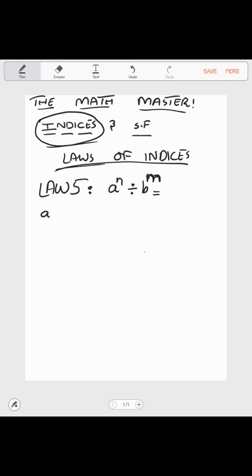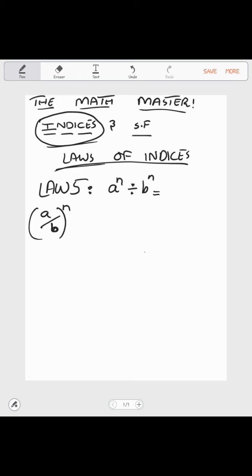I can write here a over b. See, divide also means upon, a fraction or a whole number being divided, it's just the same. So a^n divided by b^n is (a over b) whole power n.